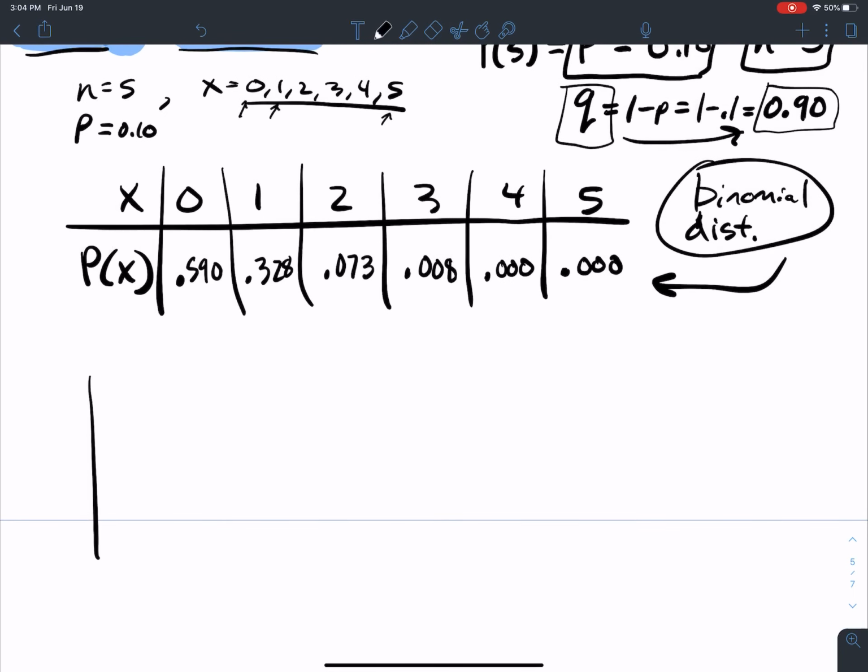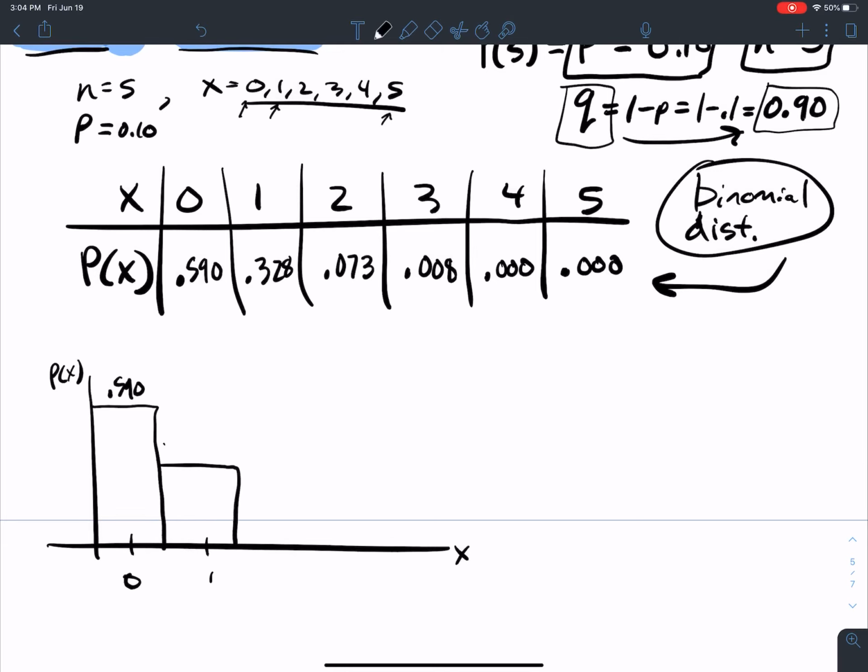So if I graph it, what's it look like? My X over here, my probability over here. My biggest probability looks like that's first. At 0, that's 0.590. And then at 1, I've got 0.328. At 2, I have 0.073. At 3, I've got 0.008. At 4, so I'm going to have to move this out a little bit further.